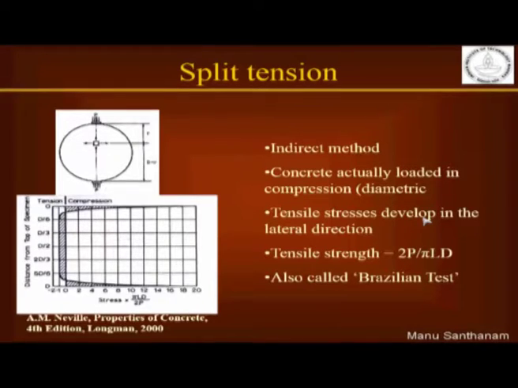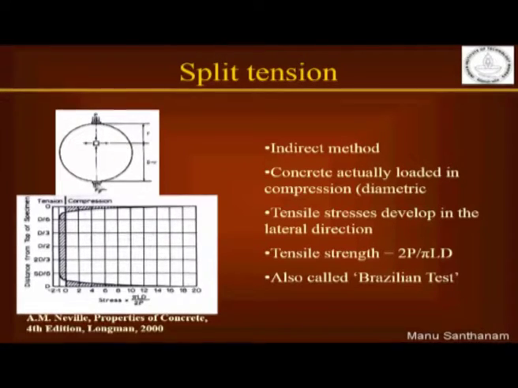The common one is your split tension test. Okay. This is an indirect method. So what we have here is a cylinder of concrete that is actually under compression. You apply a line load at the top and bottom of your cylinder, where the cylinder is actually made to lie down.